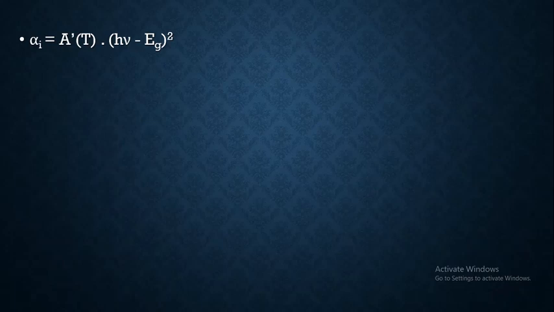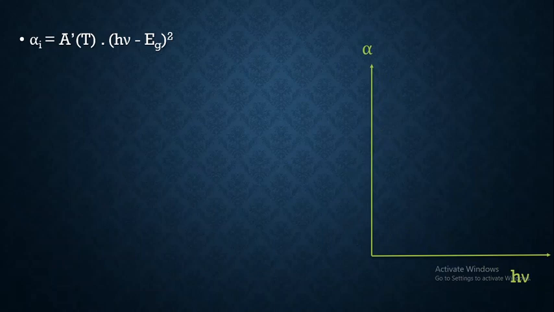So here we can observe that alpha I is directly proportional to h nu minus Eg whole square. So if you plot a graph of alpha as a function of photon energy h nu for indirect band gap semiconductor, let us consider germanium, because germanium as well as silicon are the examples for indirect band gap semiconductors.